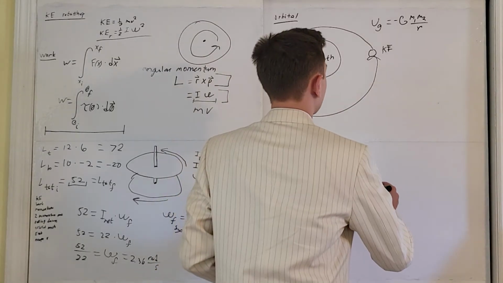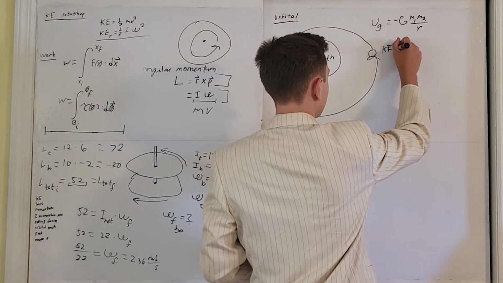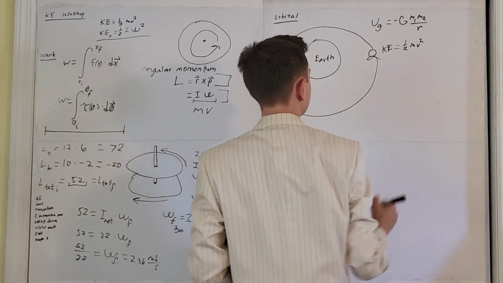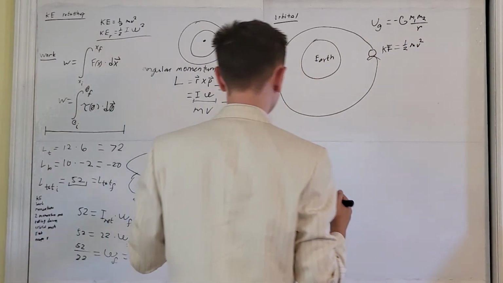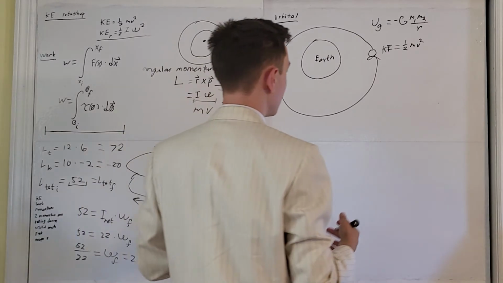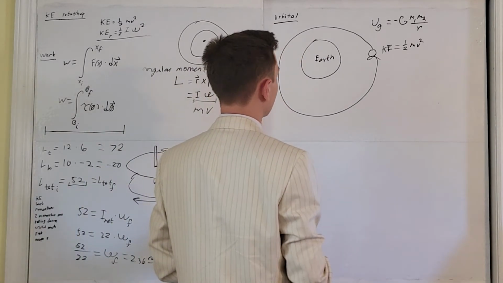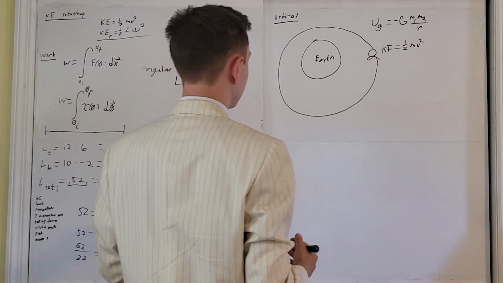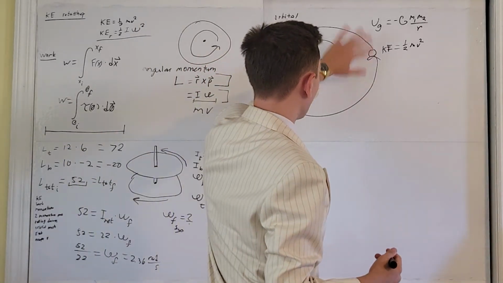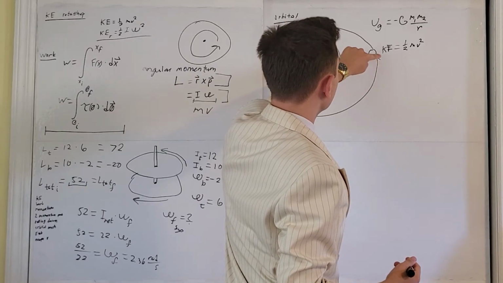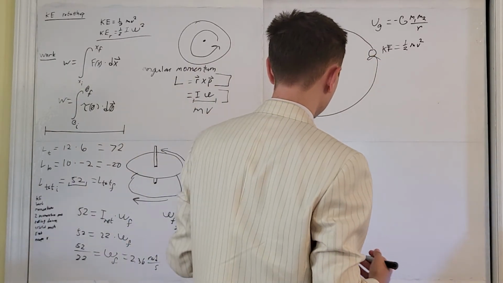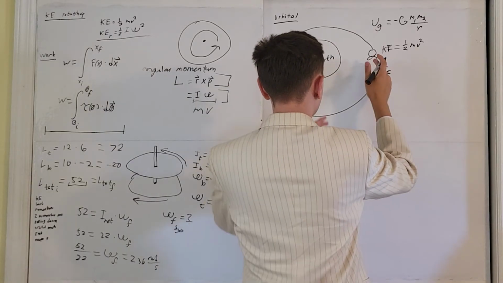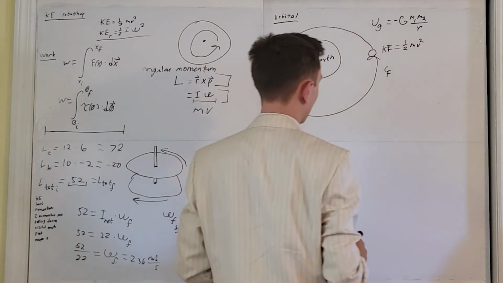So, again, recall that kinetic energy is going to equal 1/2 mv squared. Or if you're dealing with this in rotational dimensions, 1/2 I omega squared. Okay? So since we are dealing with an orbit, we are dealing with an object in circular motion around a host, we are going to have a centripetal force acting on that object in order to keep it in orbit.